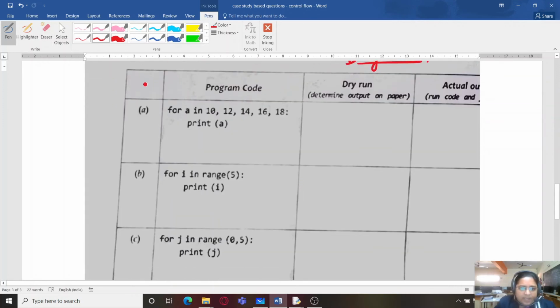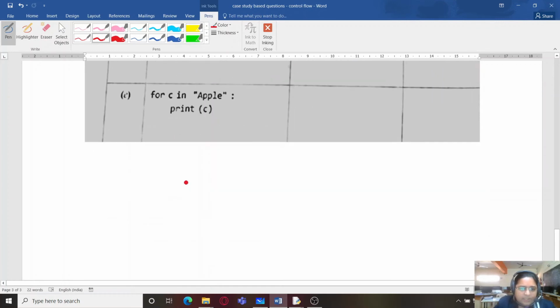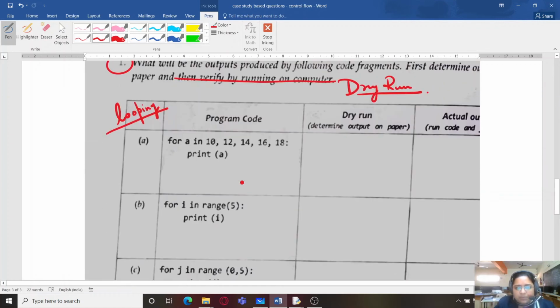Here we have looping as the concept being used, and for loop has been used over here. Again there are 5 subparts, out of which you have to answer only 4 subparts.